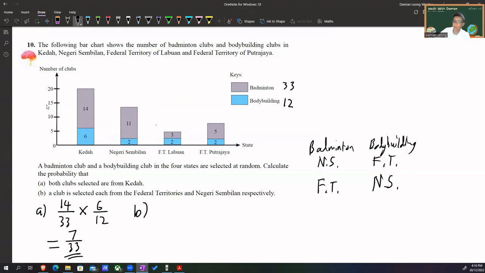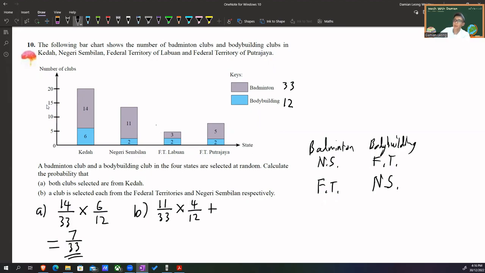So let's say I select badminton first. Probability badminton from Negeri Sembilan: 11 out of total 33. And bodybuilding from Federal Territory: there are 4 of them, Labuan and Putrajaya, so 2 plus 2, 4, out of total 12.